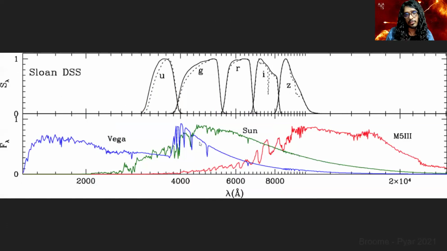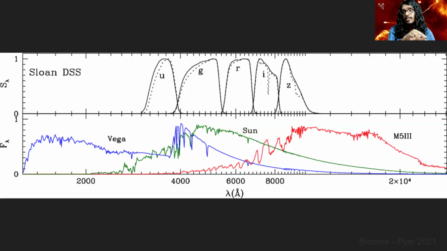Here is a real-life example from the Sloan Digital Sky Survey, the SDSS. The SDSS uses 5 filters: U, G, R, I, and Z. In the panel below, there are 3 real stars with complete spectra. When you take a spectrum, you pass the whole light of the star, everything you can measure with your telescope, through something like a prism or a special kind of thing called a grating.